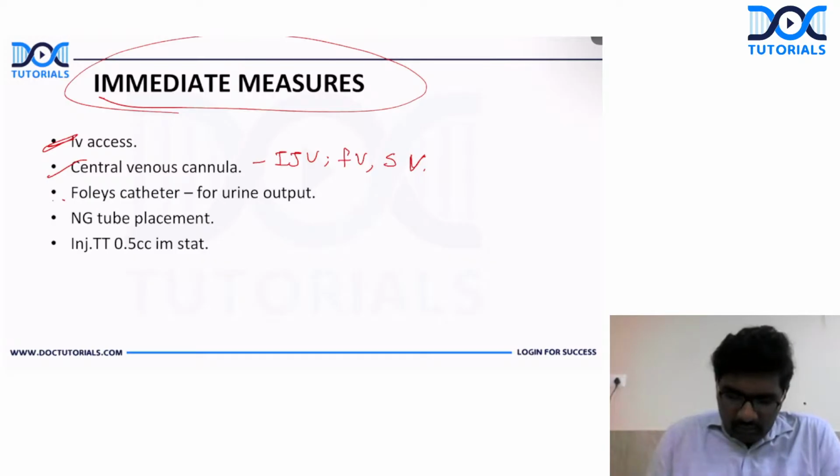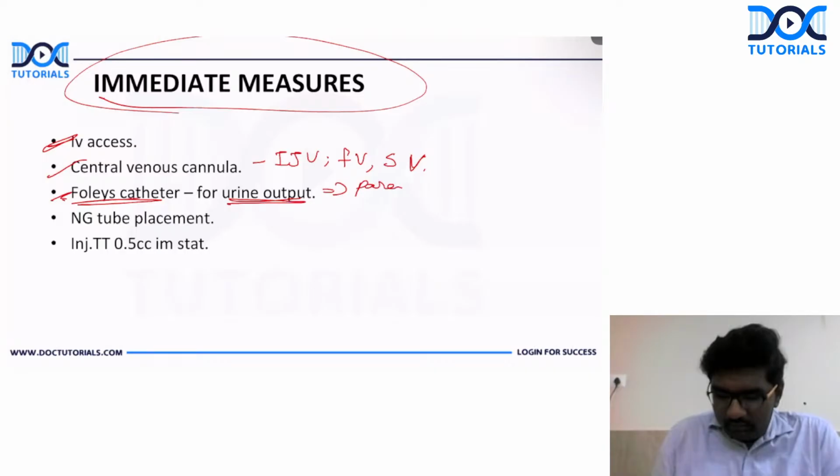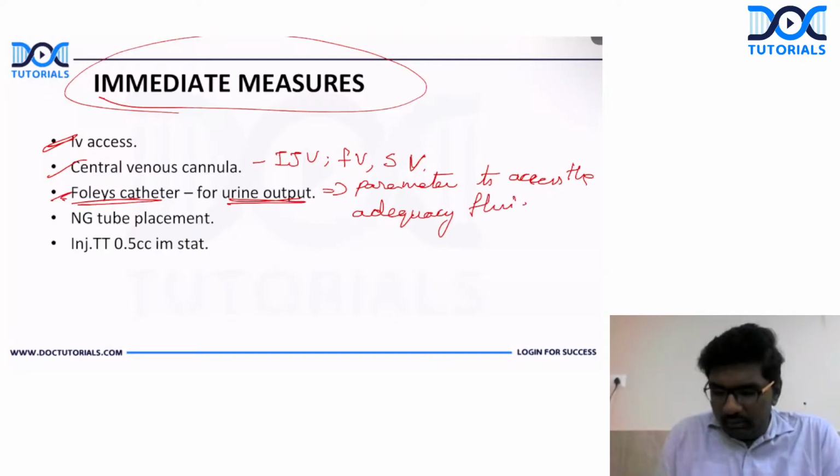Foley's catheter insertion is more important because you have to assess the urine output. Urine output is an important parameter to assess the adequacy of fluid transfusion.